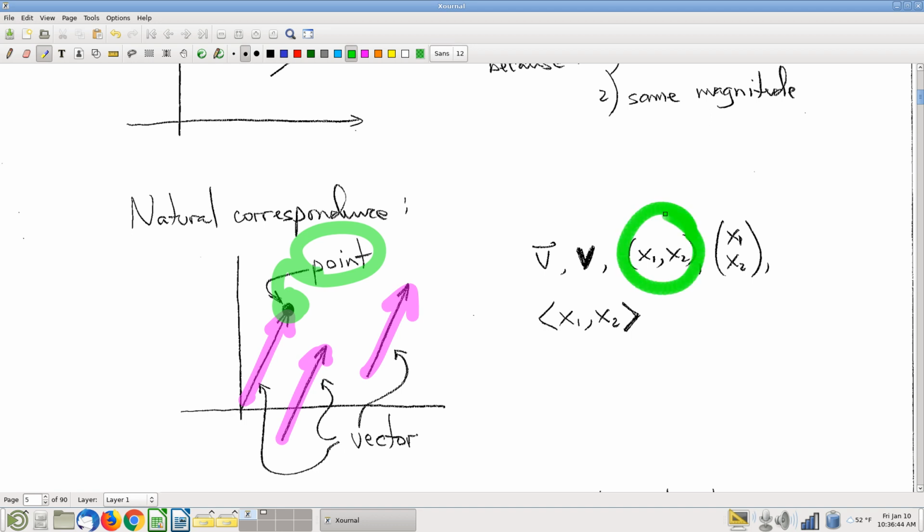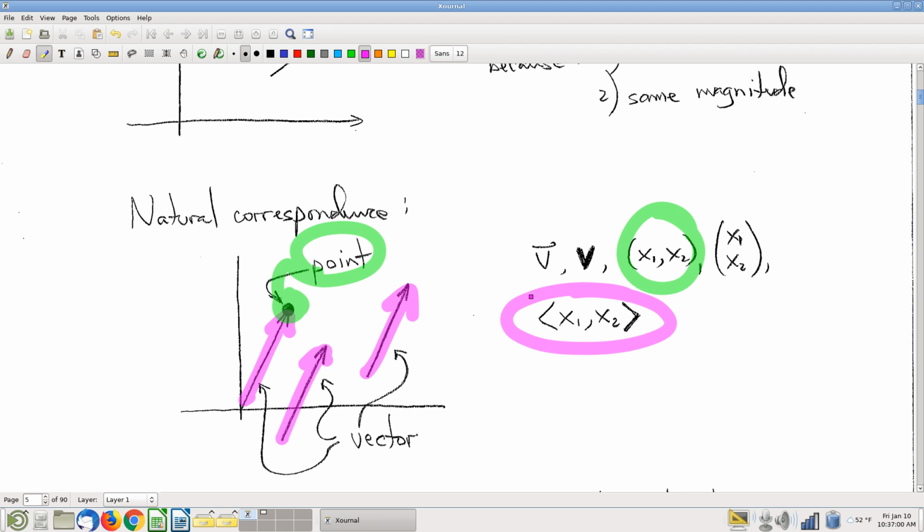Keep in mind the point. We have this old choice of how to represent points, namely as an ordered pair. That's long ago. Really, you can use those same coordinates to talk about the corresponding vector.